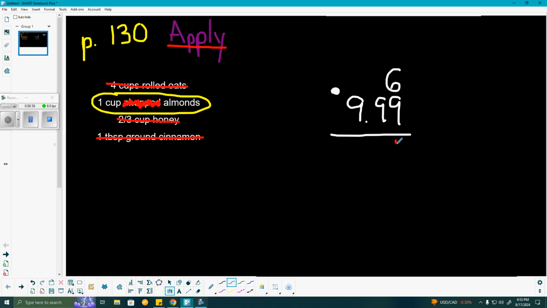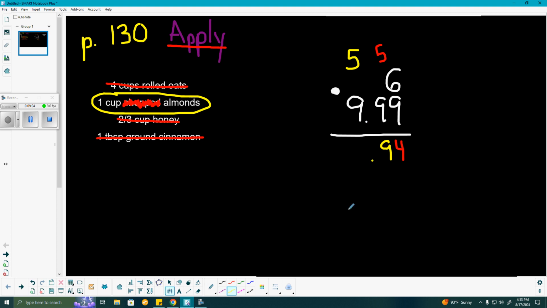6 times 9 is 54. I will put my 4 here and bring my 5 up. 6 times 9 is 54. 4 plus 5 is 9. And I will bring my 5 over here. I must bring down my decimal.